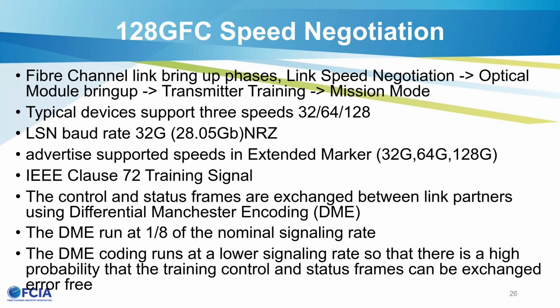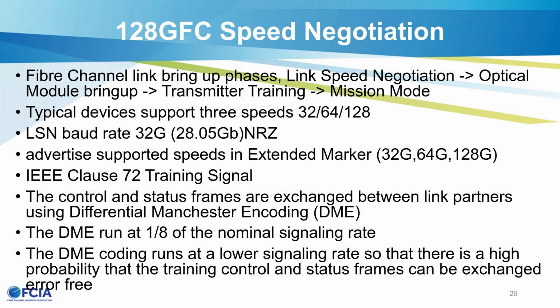You have optical modules, you plug them into a cage, you don't know what's on the other end, and the link itself is able to determine the maximum rate of the partner and then runs at the maximum speed supported by both sides. I think link speed negotiation is one of the hallmarks of Fibre Channel and makes it backward compatible and very plug and play with new systems that can be easily upgraded.